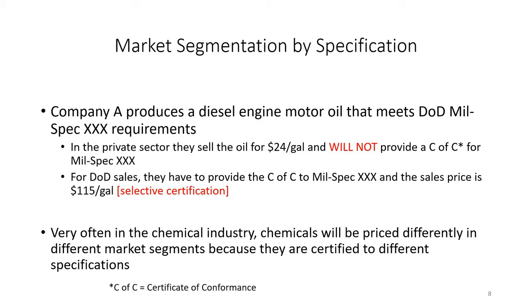But when it's used in the pharmaceutical industry, for example, in the manufacture of antacids, it is priced by the pound because it's required to meet a very, very selective set of certifications in order to be used in pharmaceutical applications. Two very different market segments, the same chemical, but it's required to meet different requirements, and so it's priced differently in each segment.